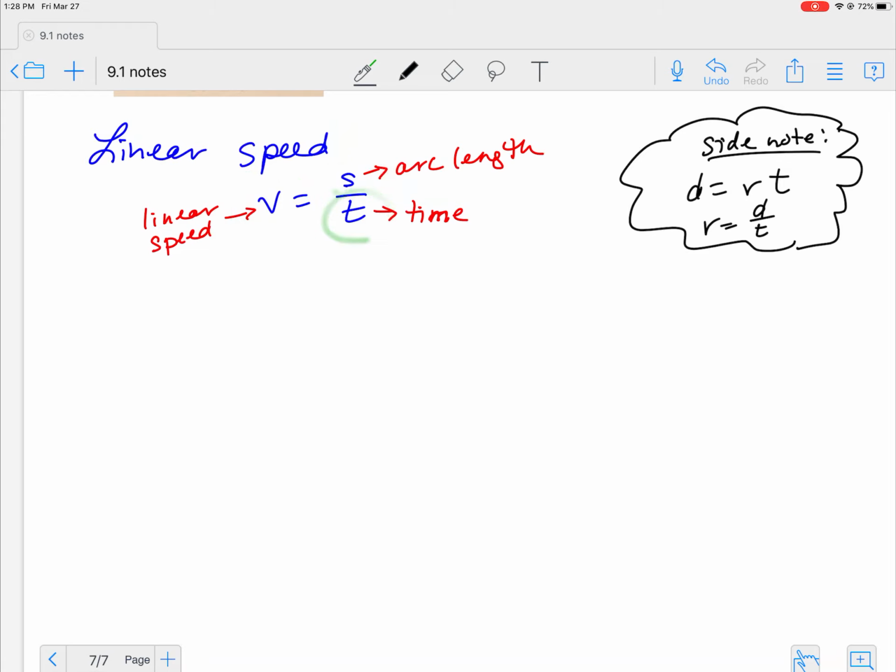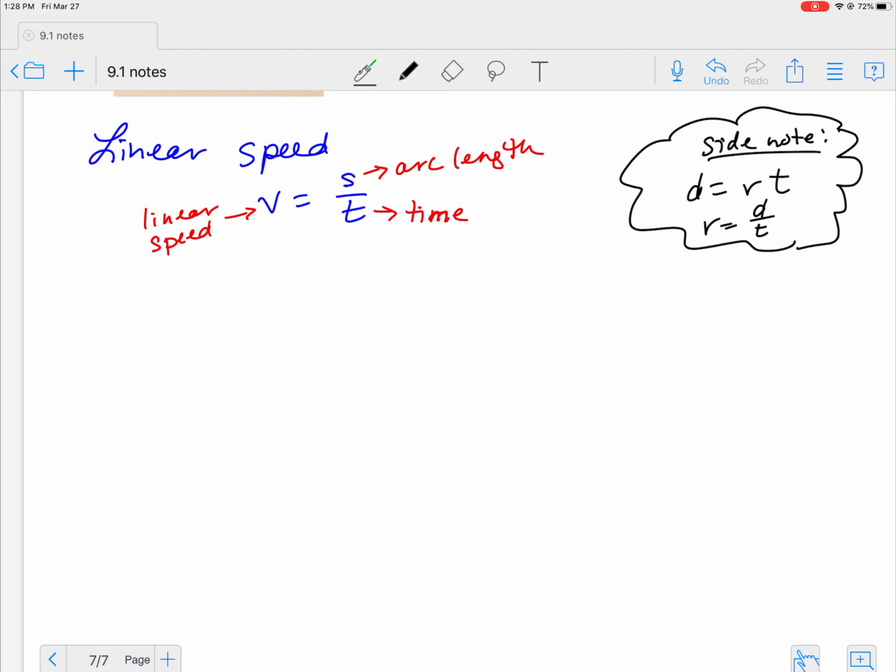Distance is equal to rate times time. That's a common formula. My rate, my distance is my arc length divided by that same time. So that's a connection that you can make.